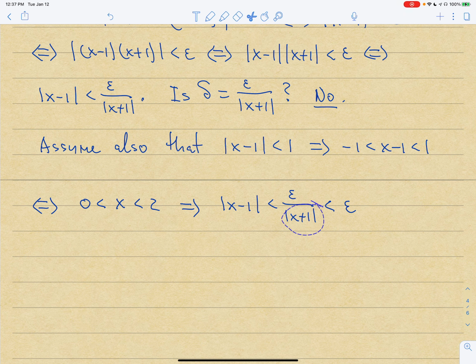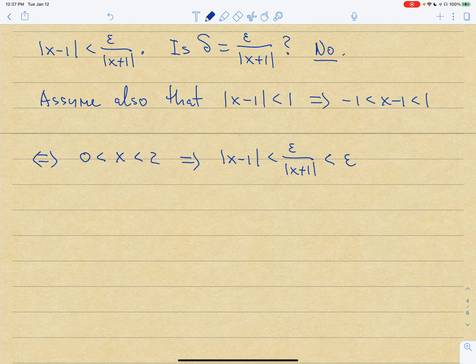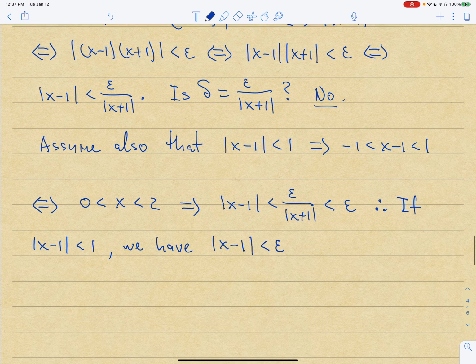So therefore, if |x minus 1| is less than 1, we have |x minus 1| being less than epsilon, right?